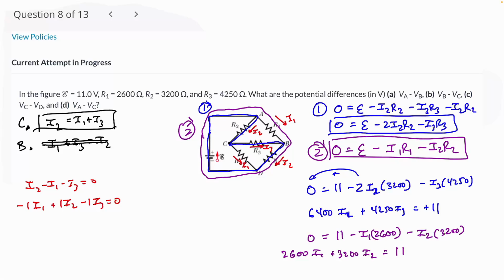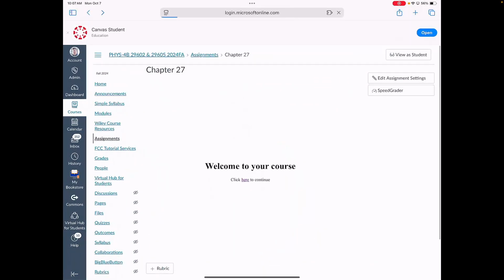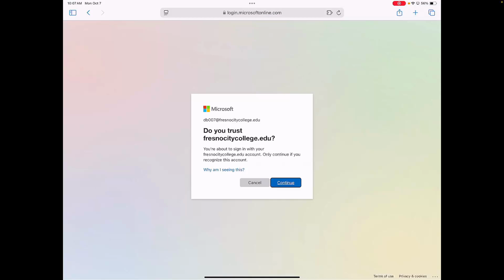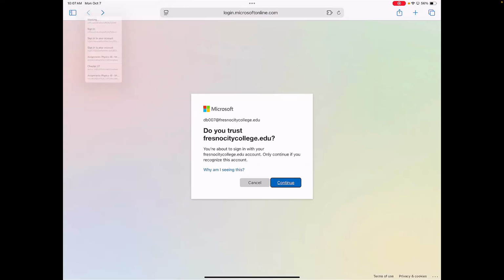Again, I'm just trying to set it up for my linear solver. Do I have the linear solver in here? Linear solver right there.